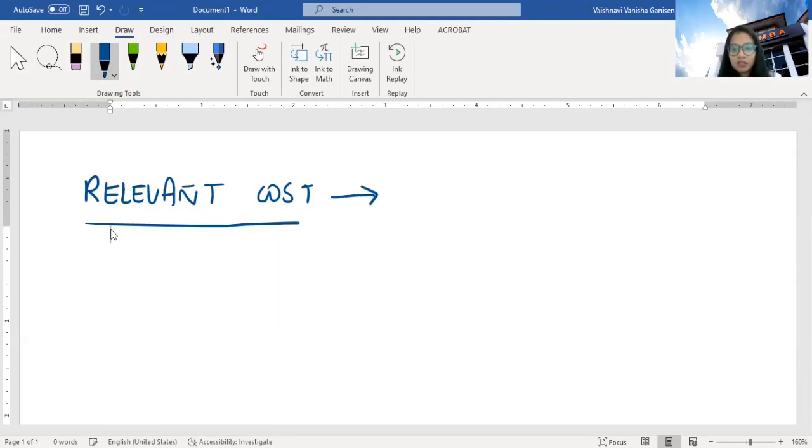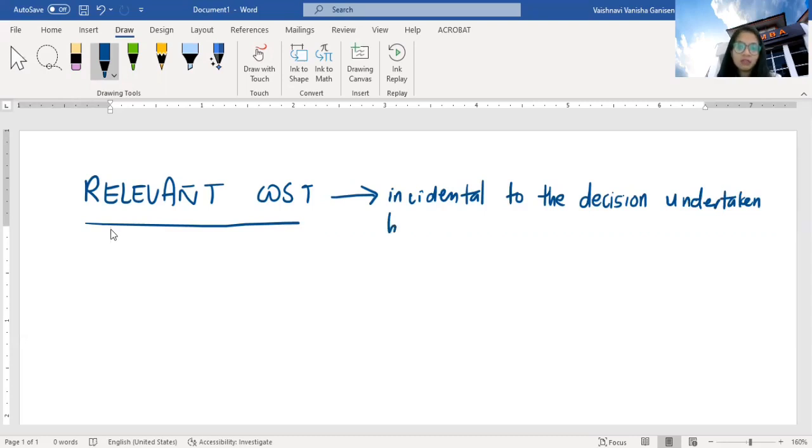So this relevant cost is incidental to the decision undertaken by a company. Okay.